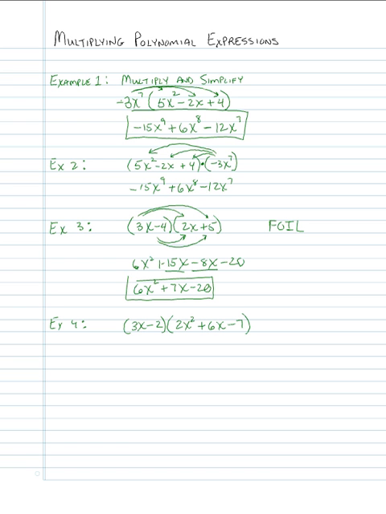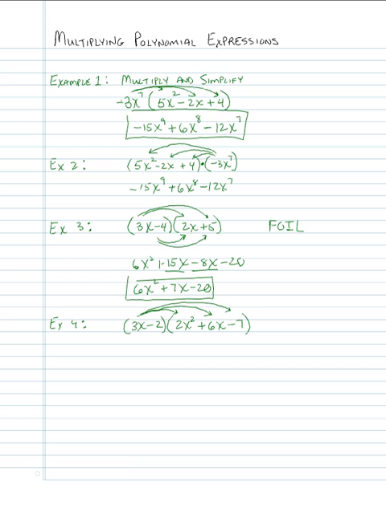Now, this can't be FOIL. FOIL just refers to a binomial times a binomial. But as you recall, we do the same kind of pattern. We take this 3x and make sure that it multiplies all of these terms in the second polynomial. And then after we do that, we'll use the negative 2 and make sure it multiplies all of them.